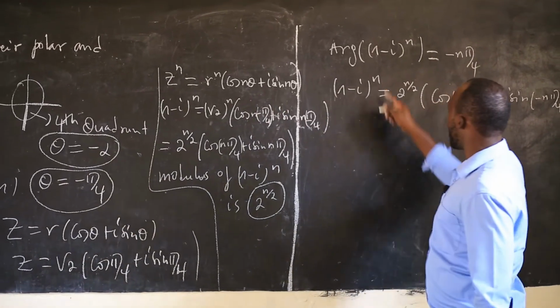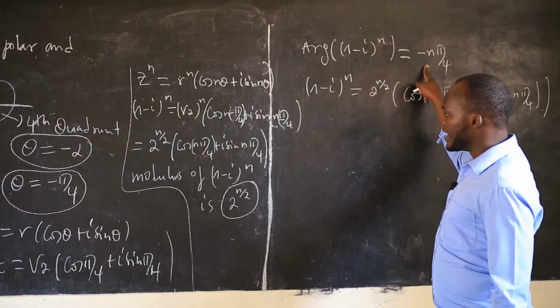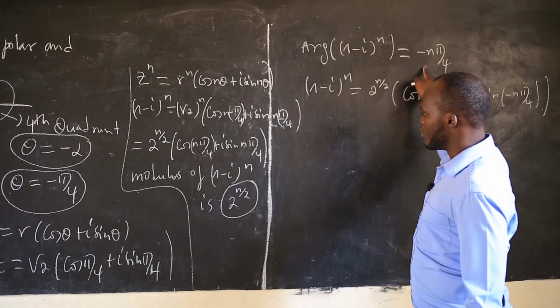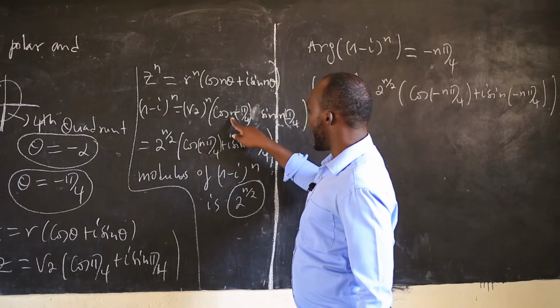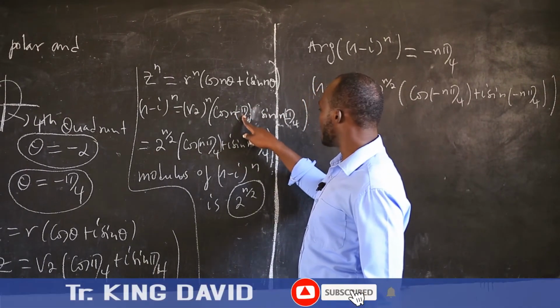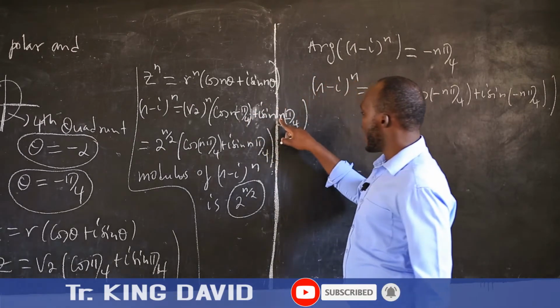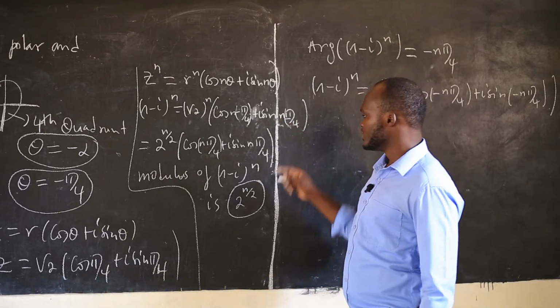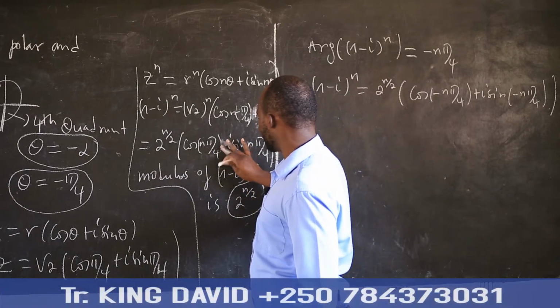So the argument of (1 minus i) power n is negative n pi over 4, that is n into bracket negative pi over 4.